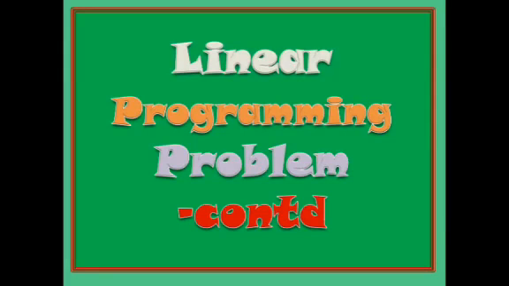If maximization is given, then among available z values, the maximum one has to be chosen and the respective coordinate values will become the optimal solution. If it is a minimization problem, then the minimum value among the z values available has to be found out, and the respective coordinate values will become the optimal solution.